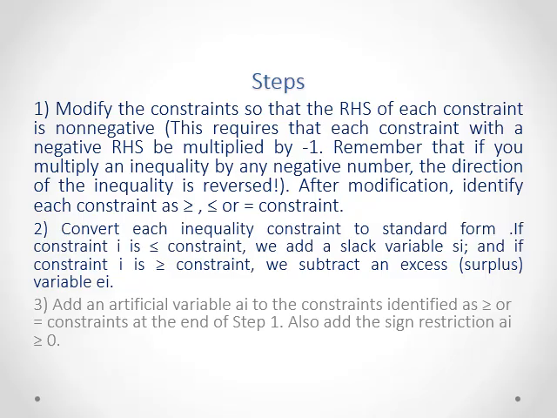So, generally the steps of applying the Big M method is to fix the constraint to the standard form and to do the artificial transformation. What do we mean by artificial transformation?